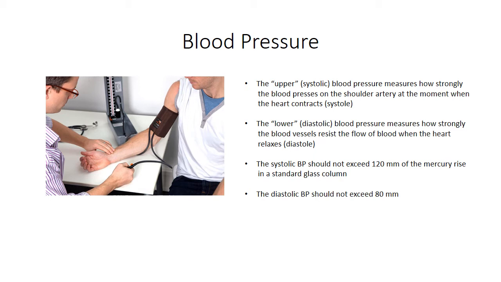And then there's another parameter that specialists also know how to establish and visually fix. It's the so-called lower or diastolic pressure. It's the pressure measured when the heart is relaxed.